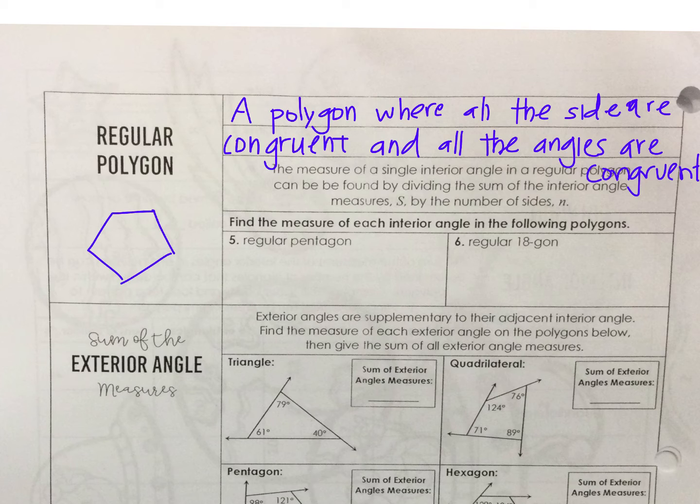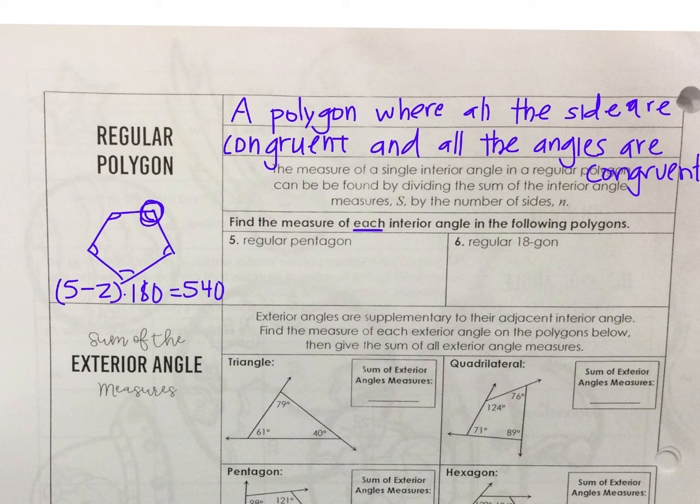So we said that 5 minus 2 times 180 equaled 540. Well, that means that that angle and that angle and that angle and that angle and that angle all add up to 540. I want to know the measure of each angle on the inside, so I just want to know one angle measure.